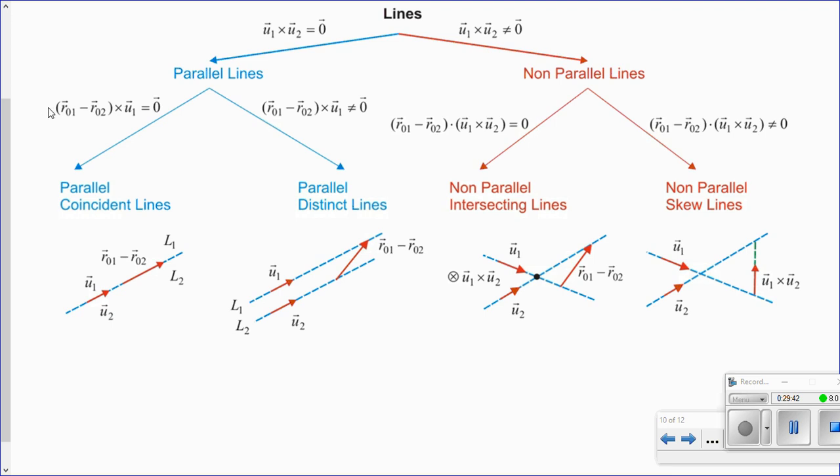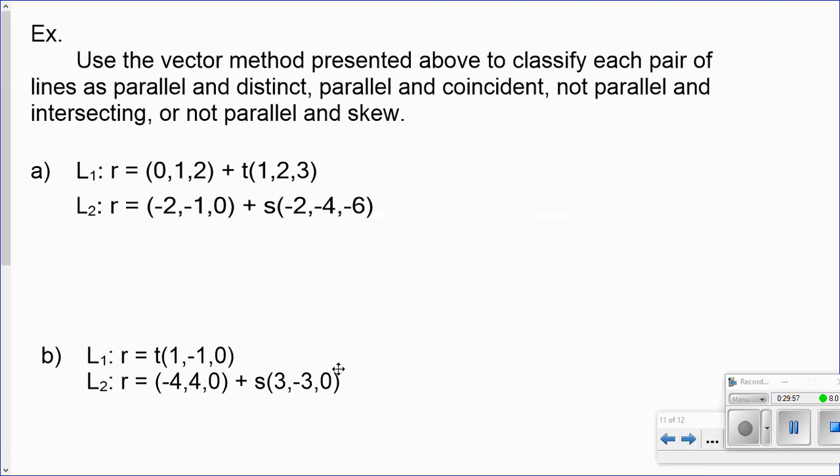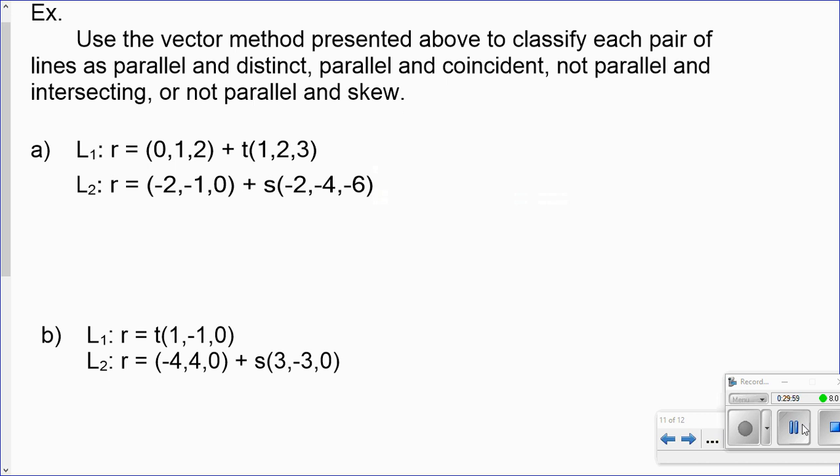I can further do another classification step to narrow these cases down. I don't mind using this solution method or this classification method, but I prefer to start solving the systems. I'm going to do one more example, pause for a second, and get on to probably doing this in Smart Notebook.